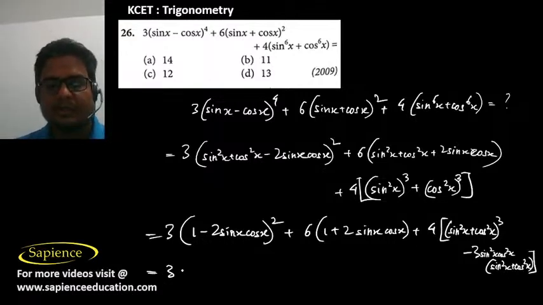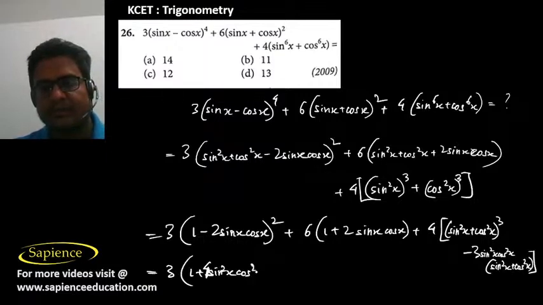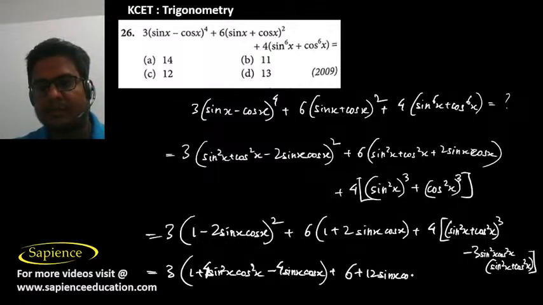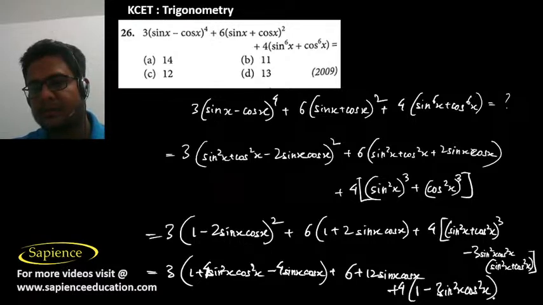So this will be 3 into (1 plus 4 sin square x cos square x minus 4 sin x cos x) plus 6 plus 12 sin x cos x plus 4 into 1 cube, that is 1 minus, since sin square x plus cos square x is 1, 3 sin square x into cos square x.